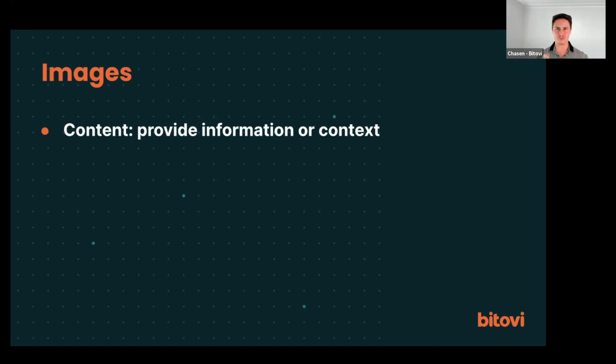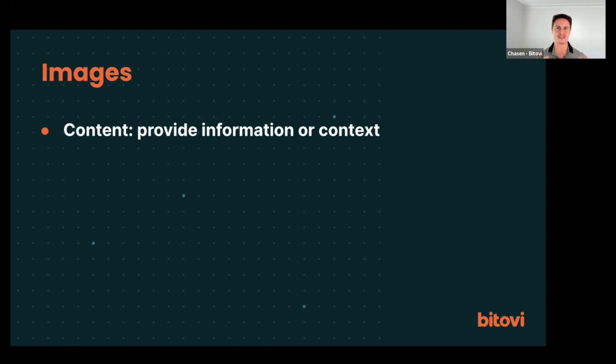There's a couple of ways that I want to talk about images. The first are content images, right? These are images that provide information or context. So these are images that are critical for understanding content in the page, or even setting a tone for something. If you have an image at the beginning of your text that's creating a mood or tone, that's not just decorative.